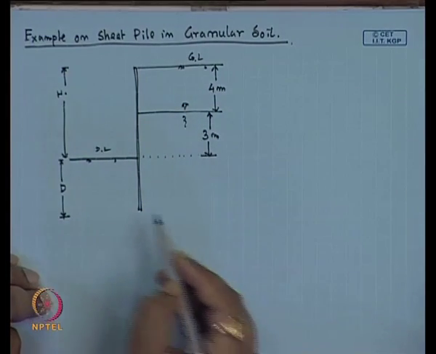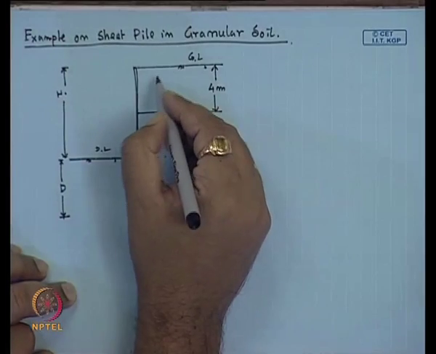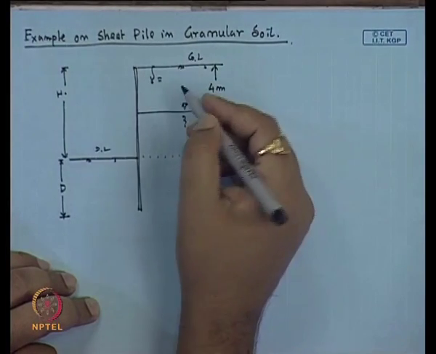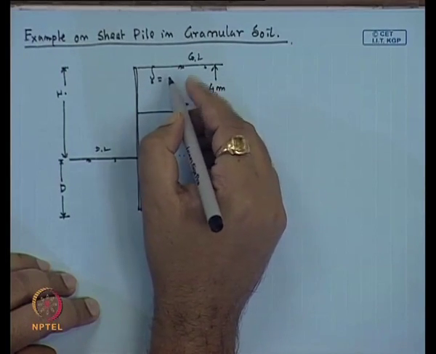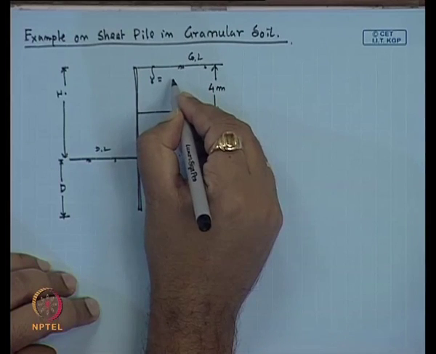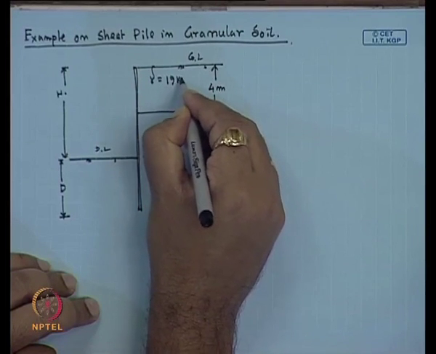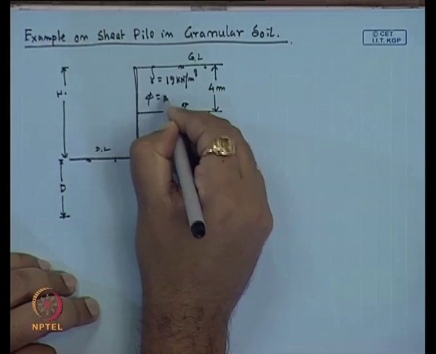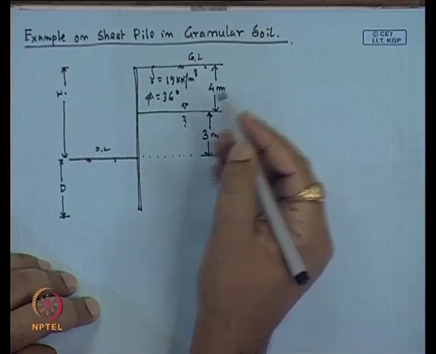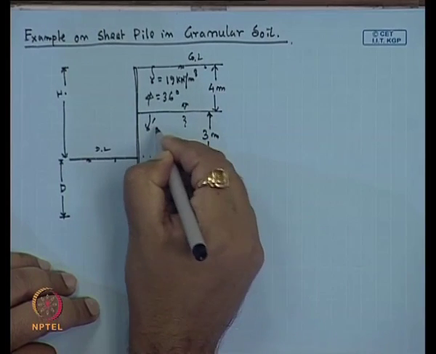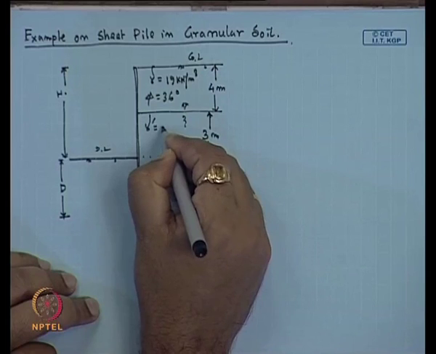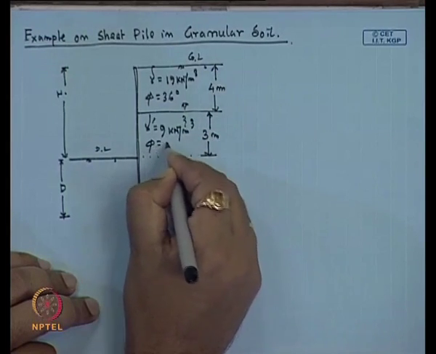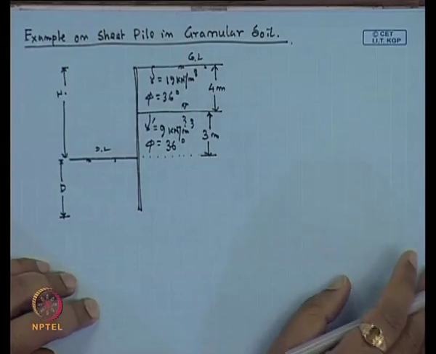The properties taken: gamma for the soil above the water level is 19 kilonewton per meter cube, and phi I have taken is 36 degree. Below the water level, as the soil is saturated, we have taken the unit weight as 9 kilonewton per meter cube, and the same phi, 36 degree.